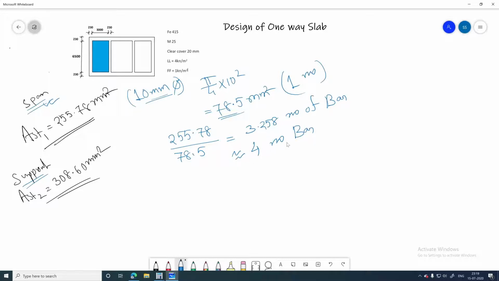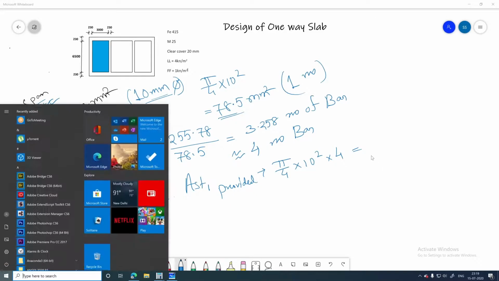So if we provide 4 numbers of bar, what will be the area of steel that is provided? So AST1 provided value will be pi by 4 into 10 square into 4. So that is the area of steel for one that is provided.